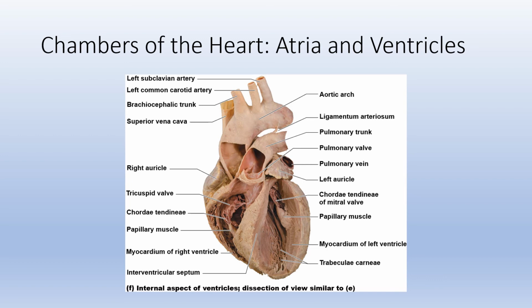But in addition to that, take a moment to appreciate the fact that the left ventricle makes up the majority of the anterior aspect of the heart. Also in this image, you are able to identify a papillary muscle, the trabeculae carneae, as well as some of the valves that we will get into on the next slide.